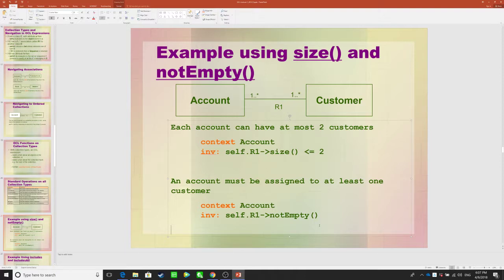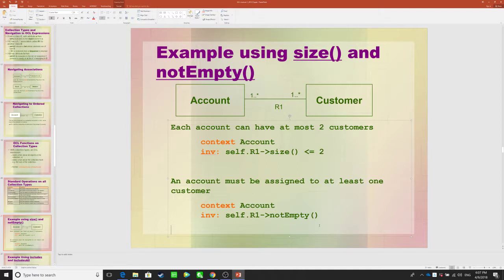Okay, let me ask you a question again. So self.r1 returns a set, a collection, right? It can be a set or a sequence. Self.r1 returns a collection. And collection has all those operations, size, not empty.